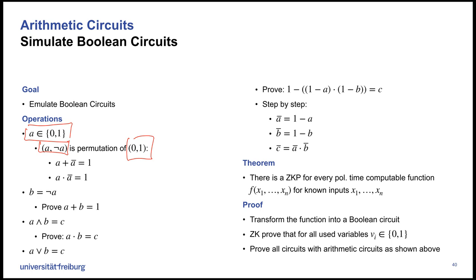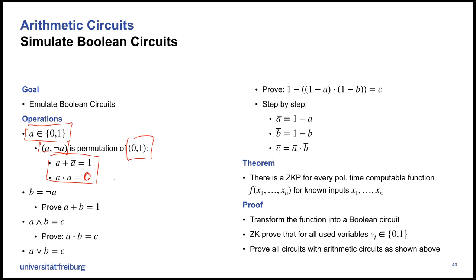So now I can also write it this way. I just write this one: A plus not A is equal to 1, and A times not A is 0. Okay, that's wrong here. Which also proves that this is now either 0 or 1, and if one is 0, the other is 1.